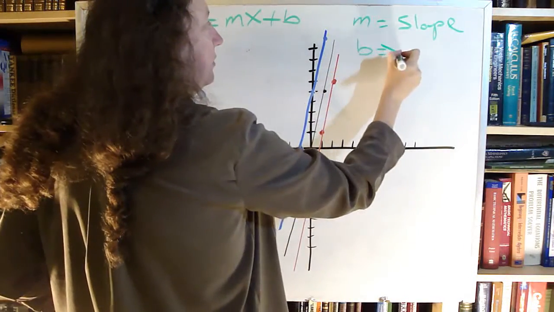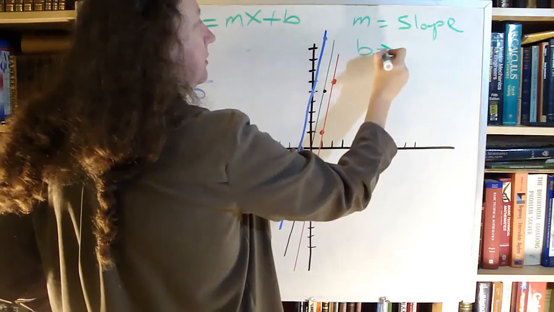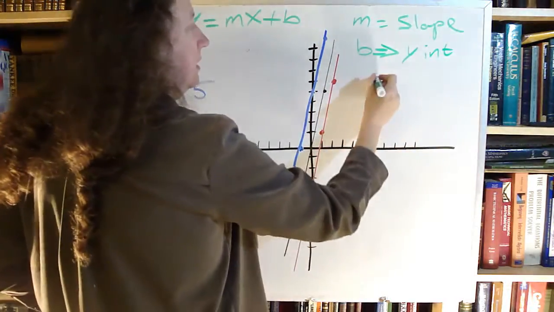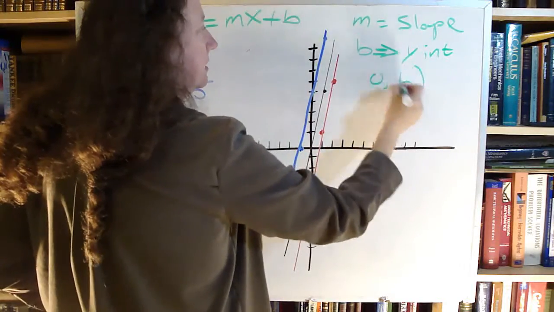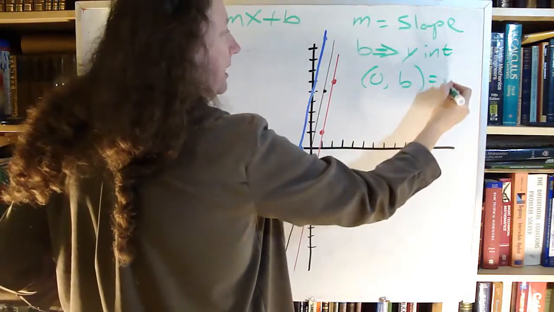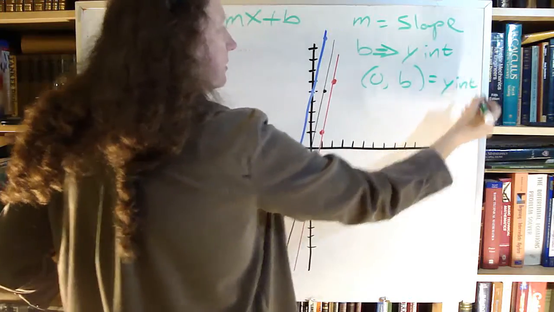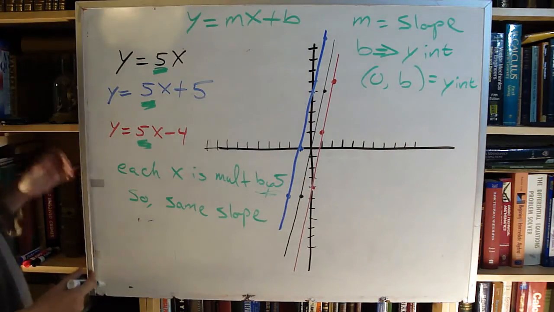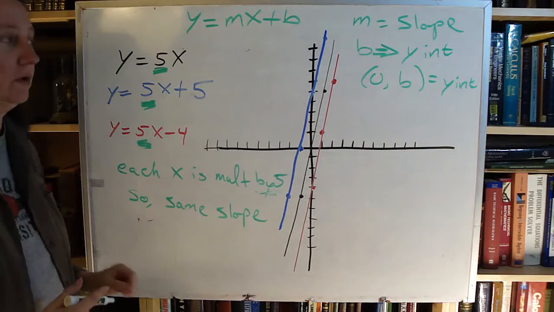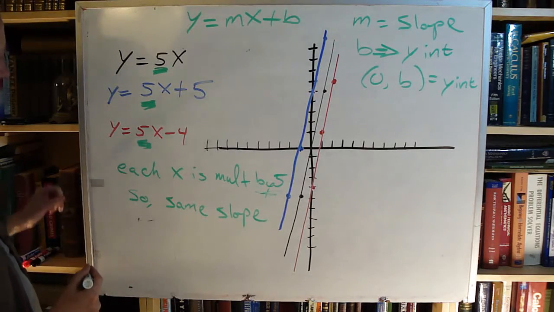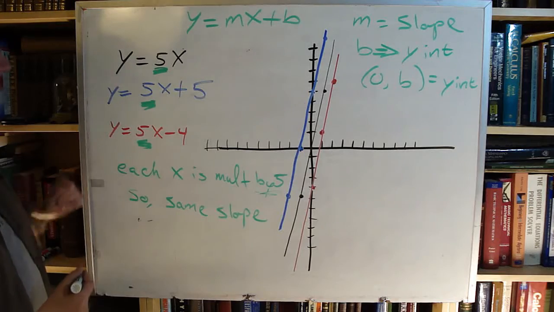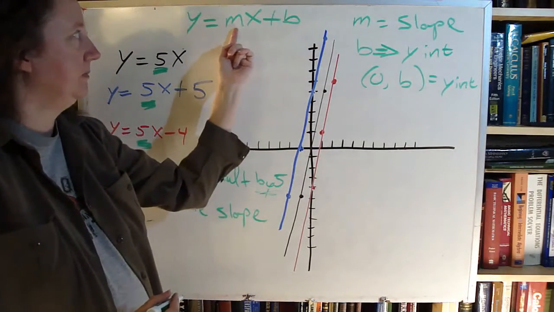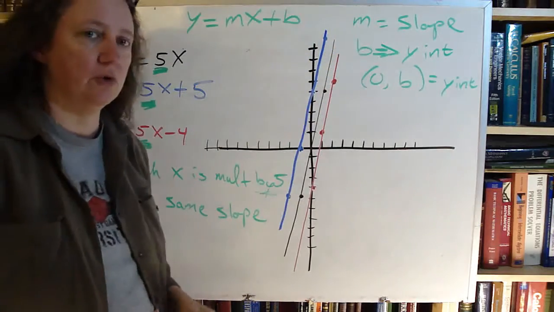So it's not the y-intercept itself, but it tells you the y-intercept. 0 comma b is the y-intercept. It's a minor difference, but it's an important difference. So each of these is multiplied by the same number. And that same number is 5, and that number is your slope.